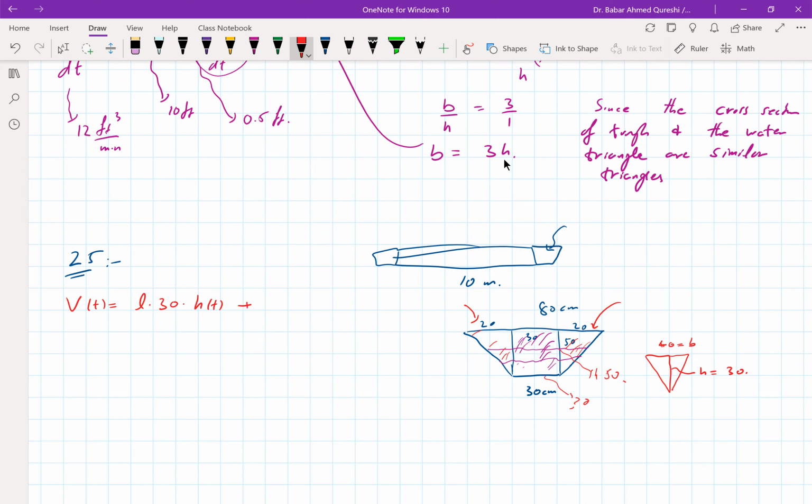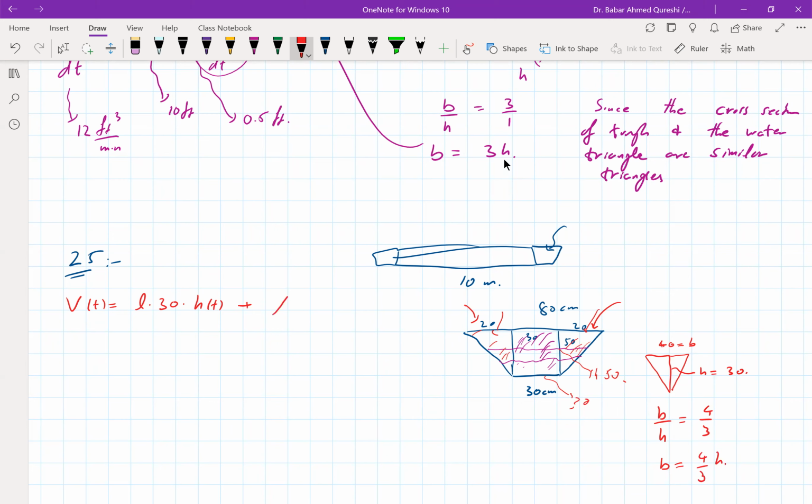Plus, you have to add the volume of these triangles, which in this b over h is now 4 over 3. So b is 4 over 3 h.